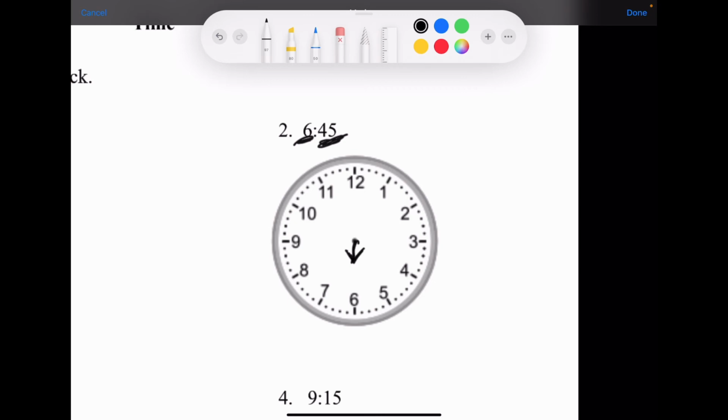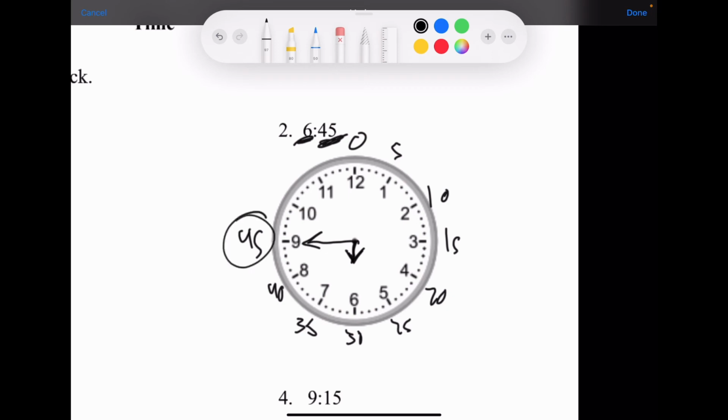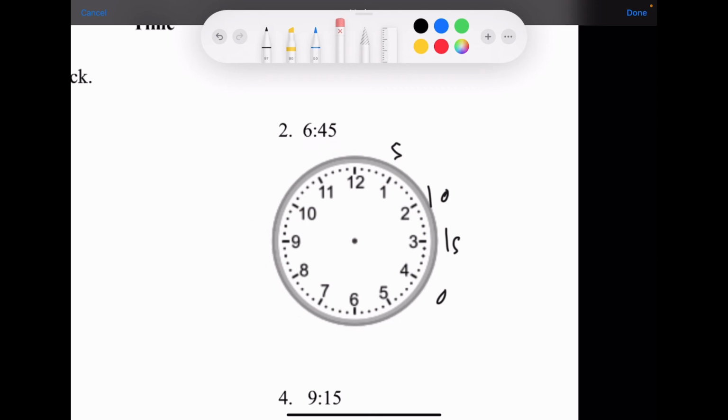And if it's asking for 45, if we count in 5-minute increments, so 0, 5, 10, 15, 20, 25, 30, 35, 40, and then 45 here, we know that the long hand goes to 9, right? So it'll be 6:45 like this. And then we can move on to the next problem.